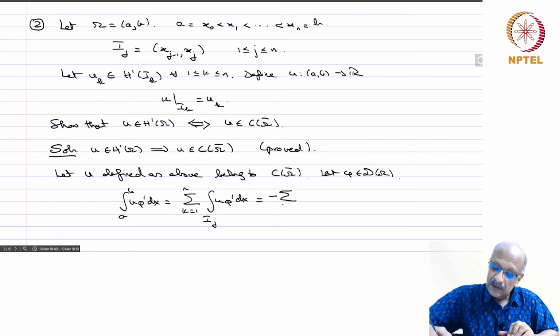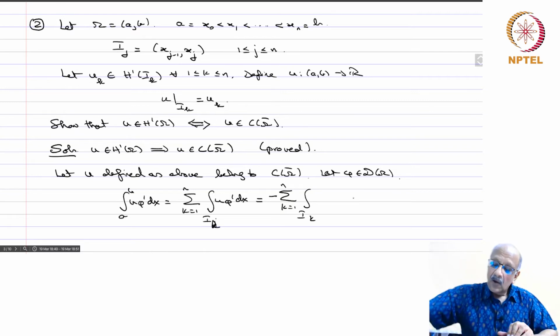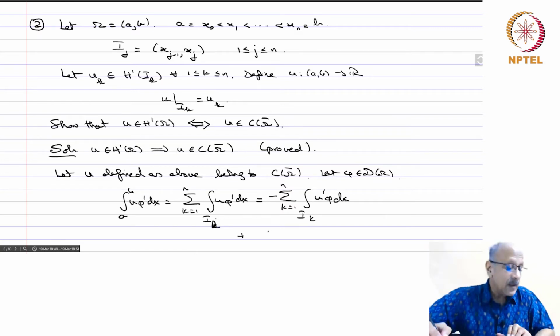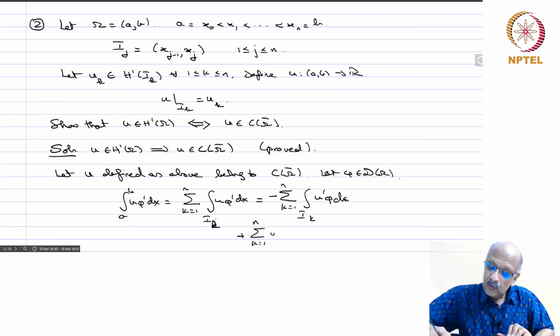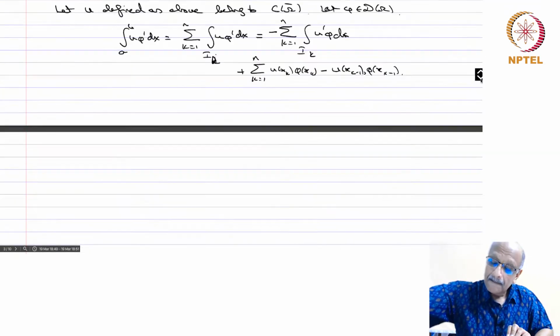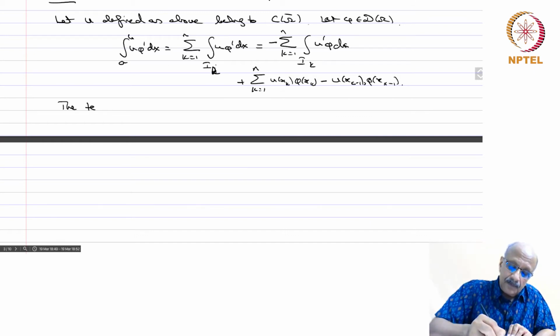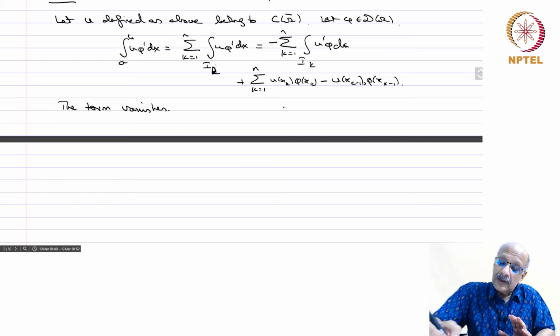That will be minus the sum over k from 1 to n of the integral over Ik of u dash phi dx, plus the sum over k from 1 to n of u(xk) phi(xk) minus u(x_{k-1}) phi(x_{k-1}). Now the second term vanishes, because if you write it down fully, the terms will telescope.